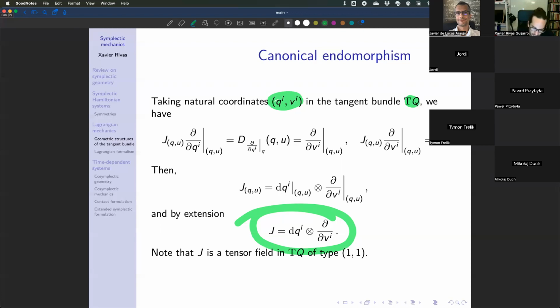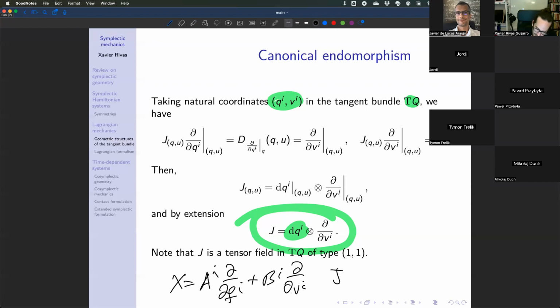When you contract this with a vector field, a^i partial q^i plus v^i partial v^i, what I obtain is just this thing here.